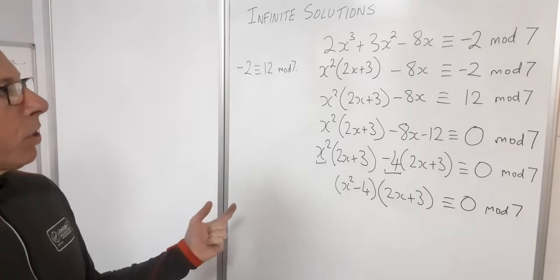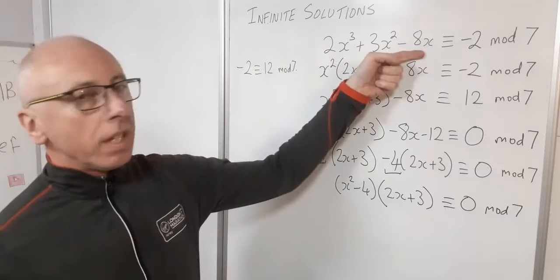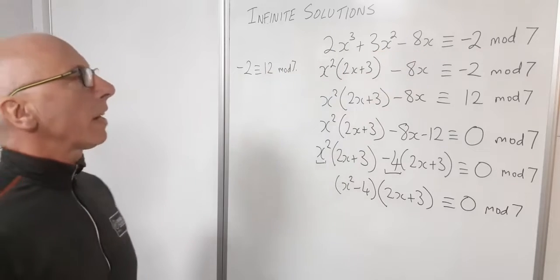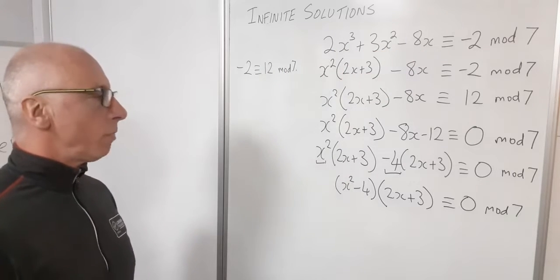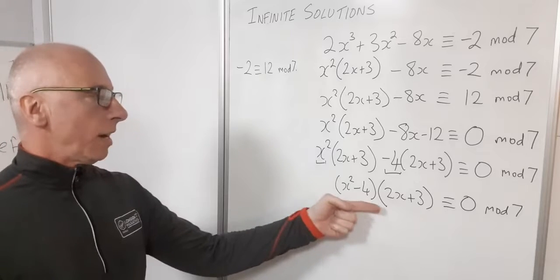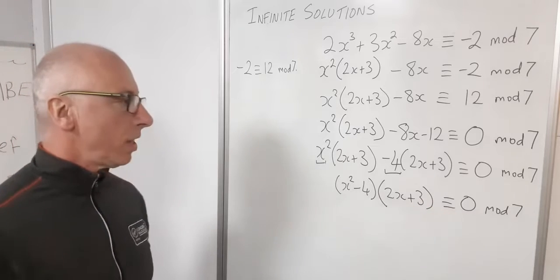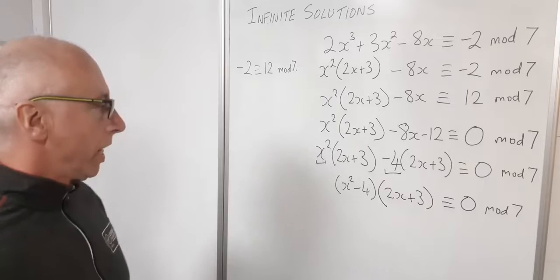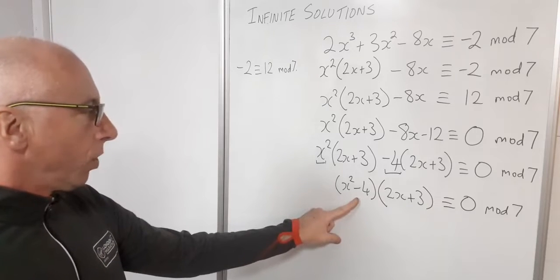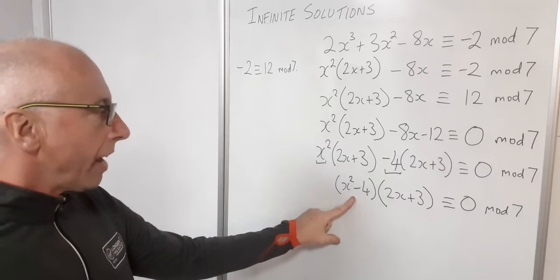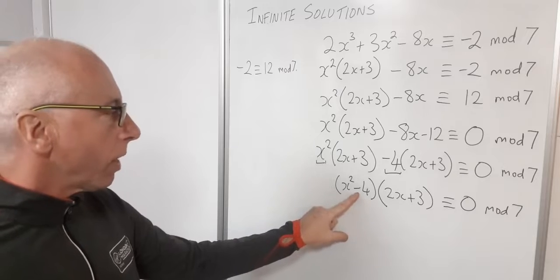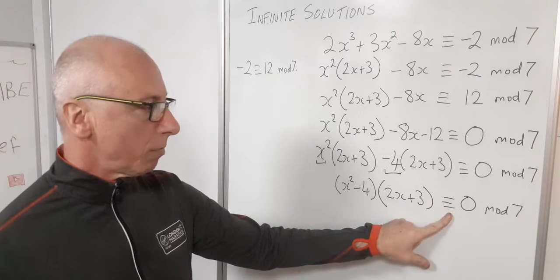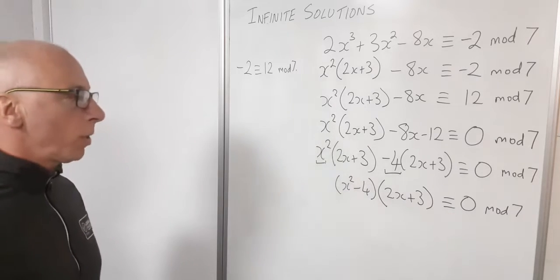So with modulus arithmetic, I've now turned this into a grouping factorising situation, which has been really helpful. So now I just need to solve this for 0 mod 7. Now x squared minus 4, I could factor that out now, or I could just leave that as x squared minus 4 is congruent with 0 mod 7. Either way works.